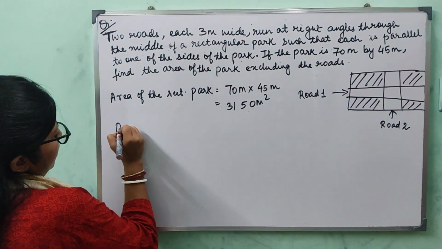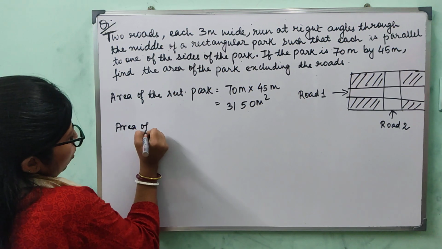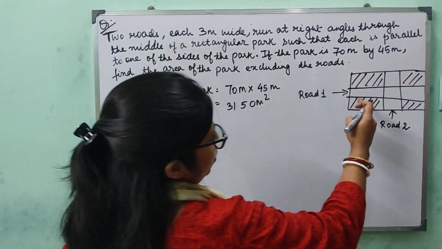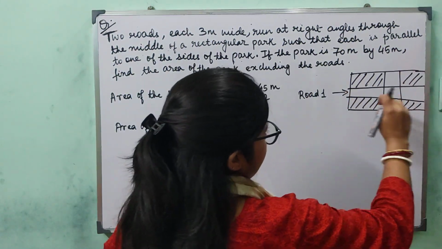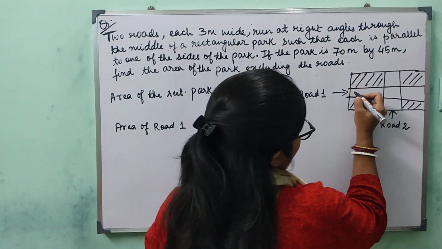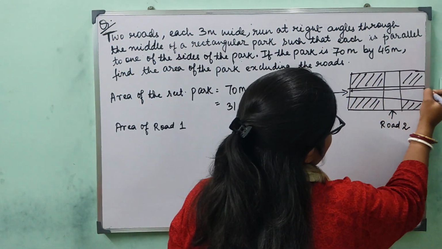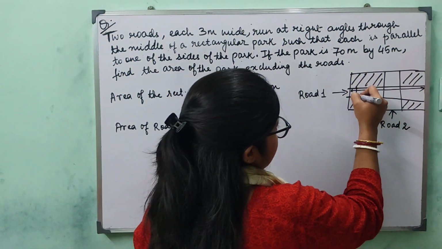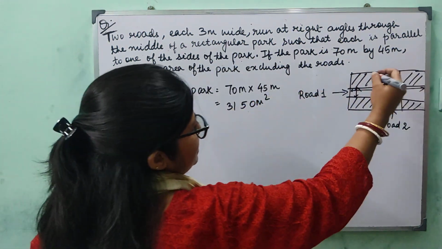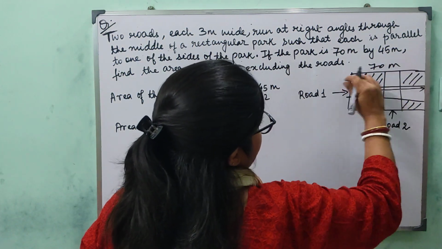Now area of road 1. Now you see over here this road 1 is running parallel to the length. So for this road, this is the length of the road and this is the breadth of the road. So length is same as the length of the park, that is 70 meter.